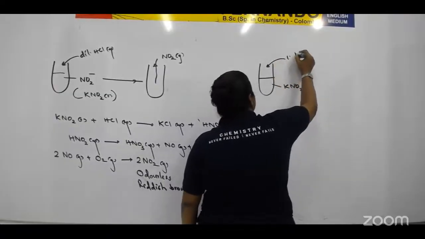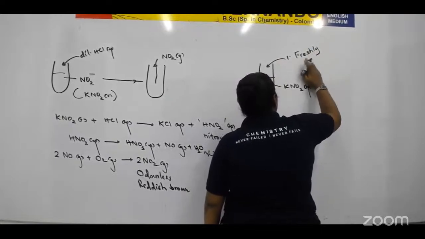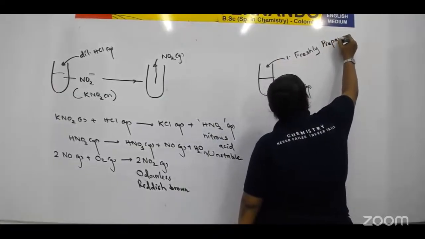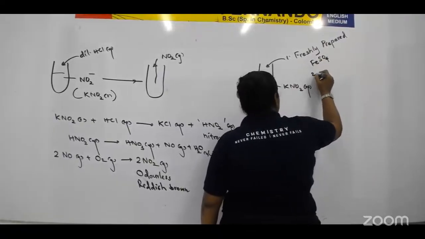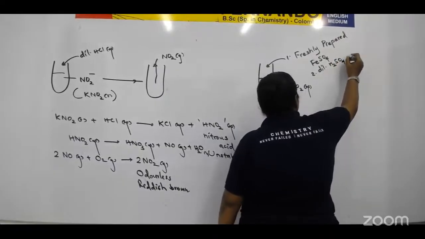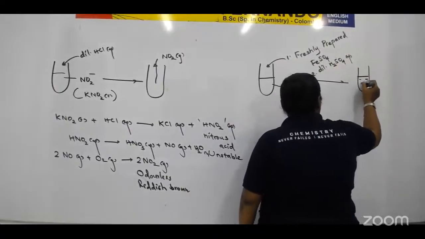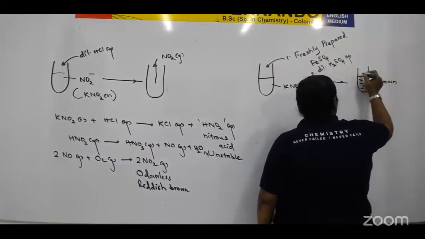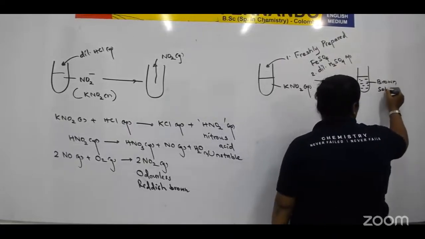You need to add freshly prepared iron(II) sulfate as the first reagent, second dilute H2SO4. After adding these two, you can see the clear solution turns to brown. The solution becomes brown, not a brown ring. The color of the solution is brown.